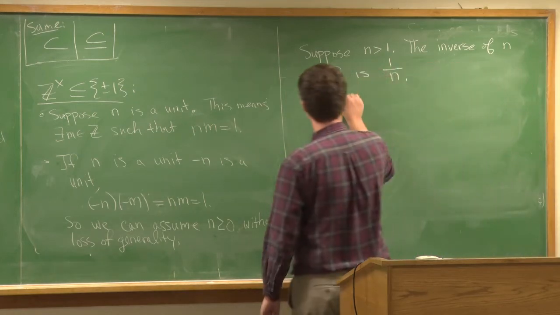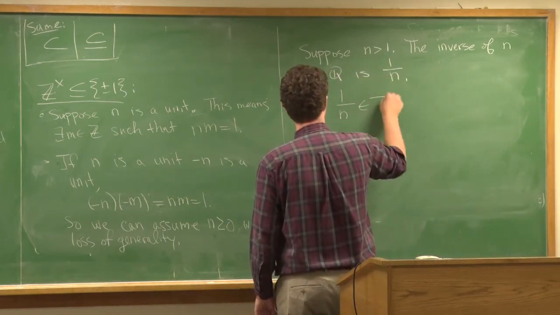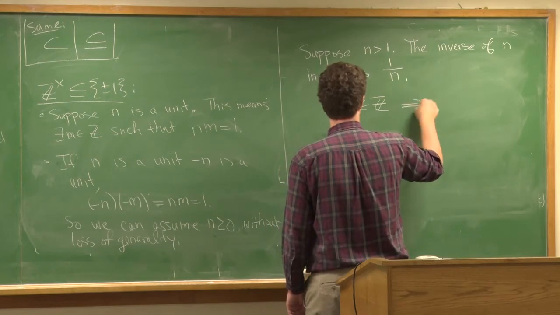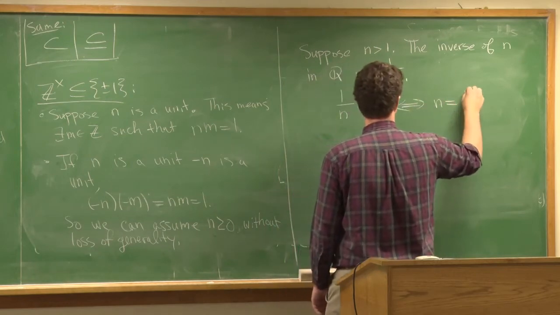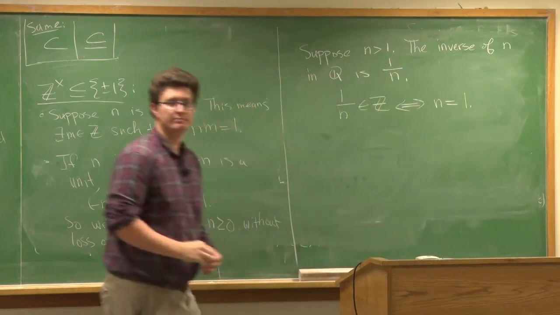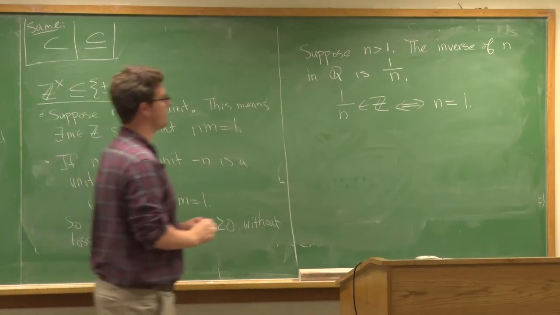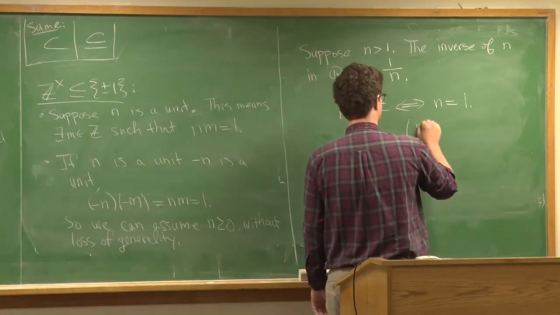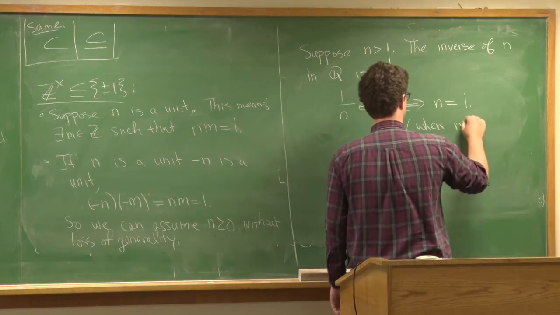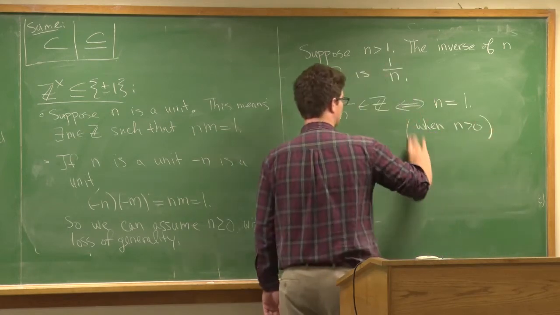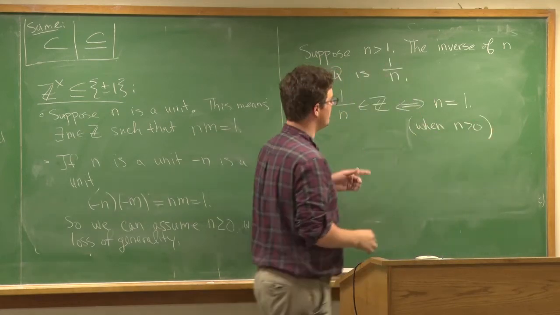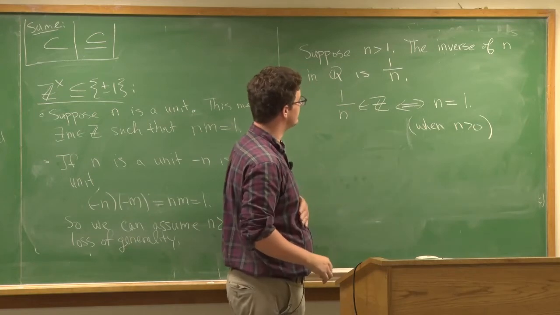And 1 over n, from the fact we stated, is an element of Z if and only if n is equal to 1, when it's written in that form. It could be minus 1, but we're assuming that n is positive. OK?